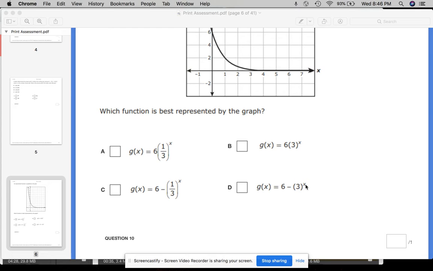B, g of x equals 6(3)^x. C, g of x equals 6 minus (1/3)^x. D, g of x equals 6 minus 3^x.